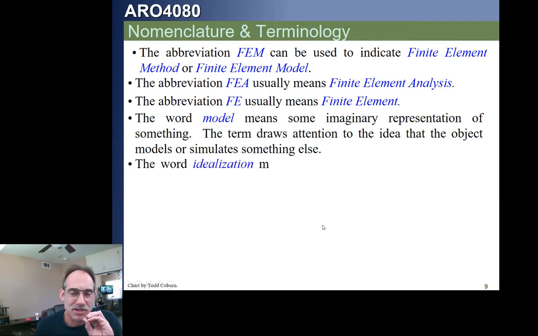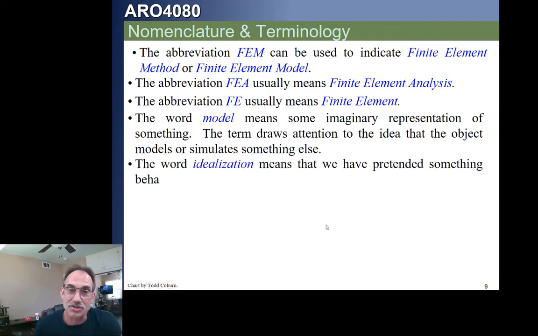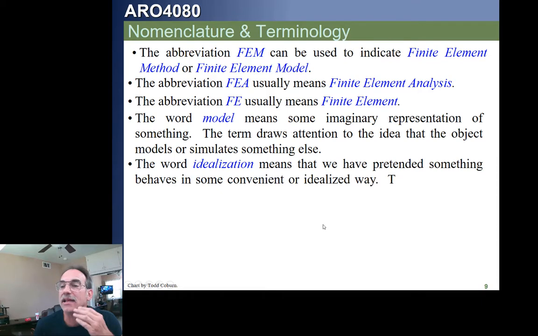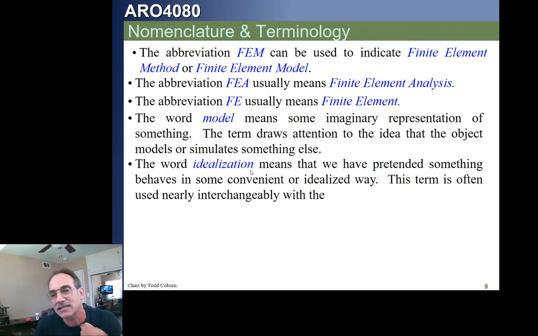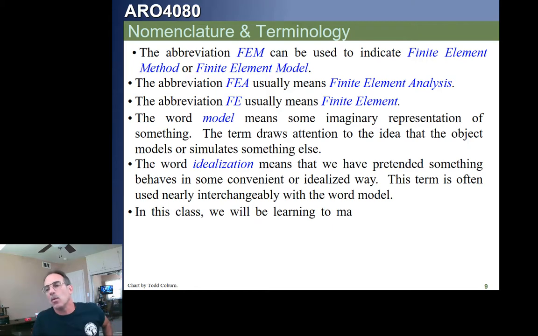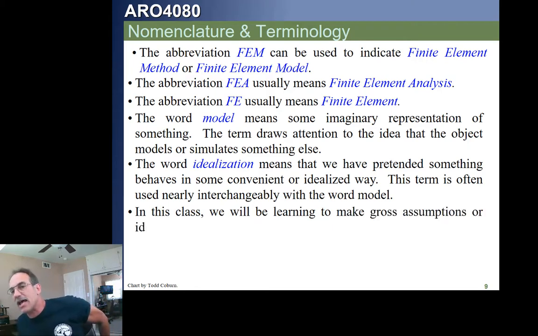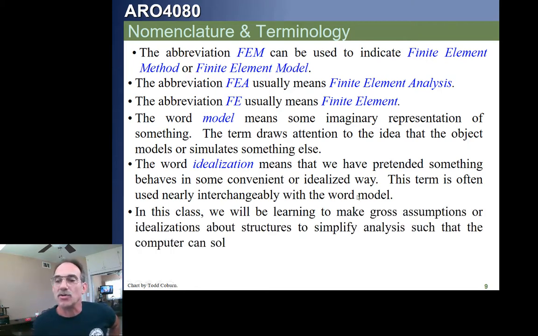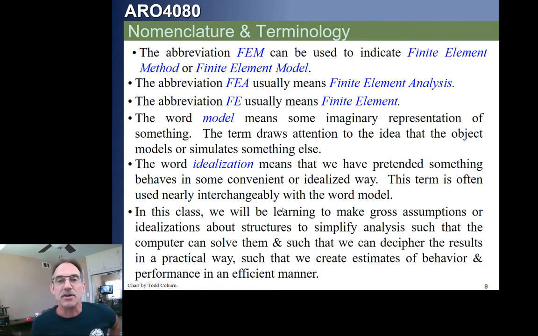We've been using modeling and idealization from the first days of our structural journey, and this just takes that a step further. Idealization is similar because we're pretending that our structure behaves in certain ways and that our constraints behave in certain ways. We're going to be learning how to make these kinds of assumptions, how to make gross judgment calls, and idealize our structure in these ways.